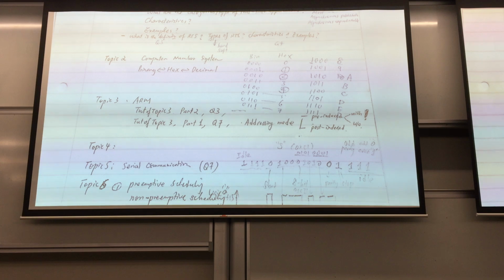If you put ADDS, that means in addition to doing the addition, this instruction will also update the condition flags: N, Z, C, and V. N means negative, Z means the result is 0, C means a carry, V means overflow.